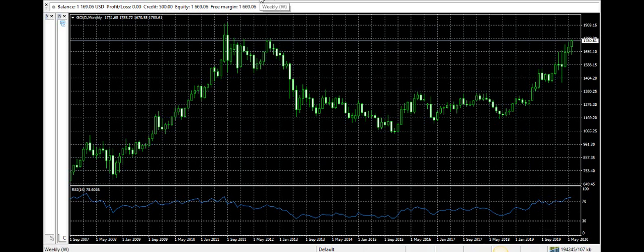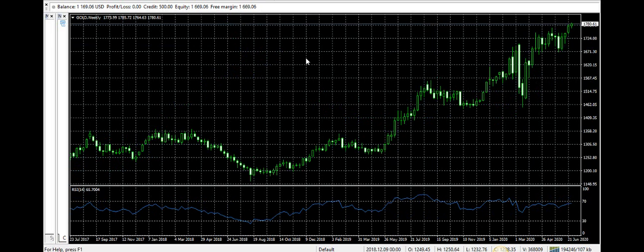And then we can go to, for example, weekly, and we can see that the situation is also very bullish. It's gone up a lot. It's forming a divergence here as well. I'll explain what divergence is in a minute. And the RSI is still pretty much up there. It's 65, which is on the higher end.